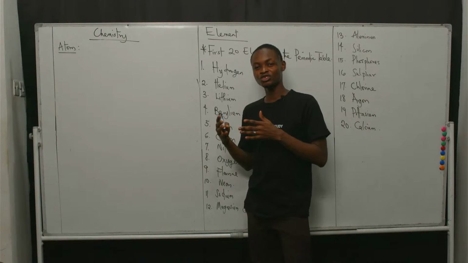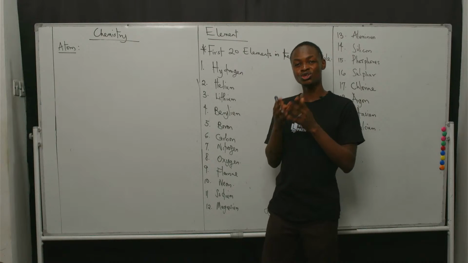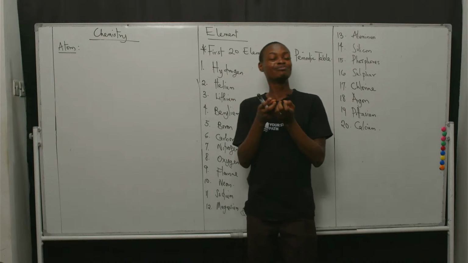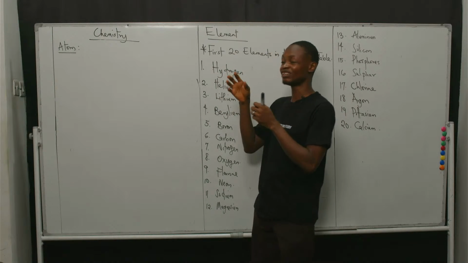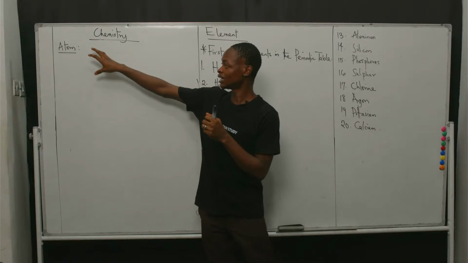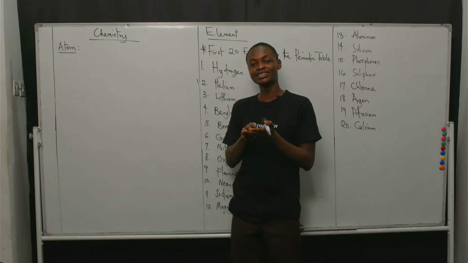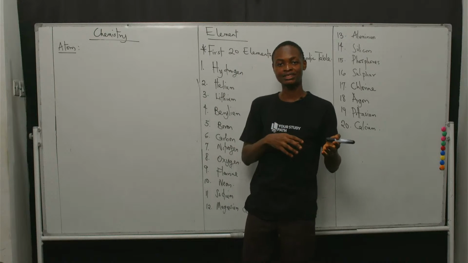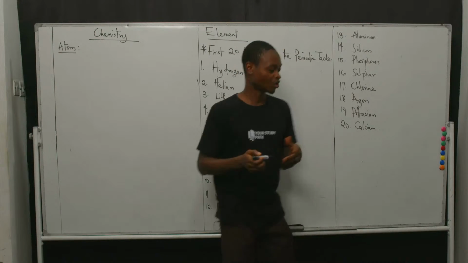Later on, it was proven that it is not indeed the most indivisible part of the element. In fact, the atom itself still contains some other parts inside it. Now, what are those parts?